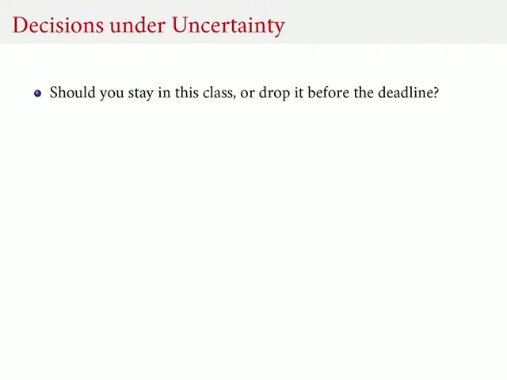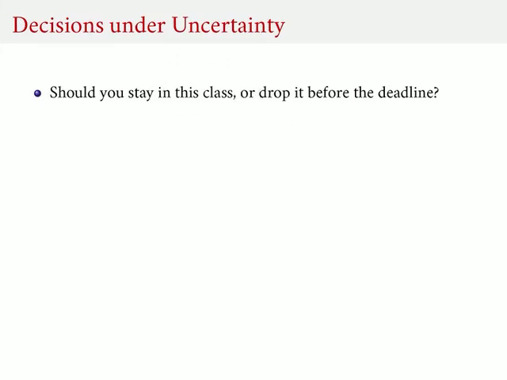So very often in our lives, we are faced with decisions where we are uncertain about the possible outcomes. So here is an example. Should you stay in this class or drop it? Now, maybe this decision is moot because I think we're probably past the deadline, but suppose that we are still earlier in this semester and you're asking yourself whether you should stay in the class or drop it.